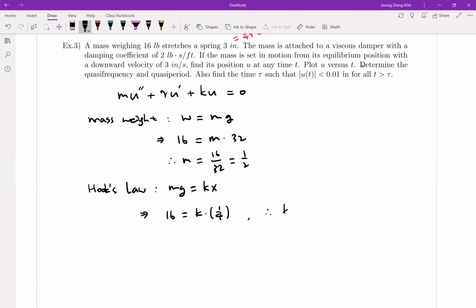So we can find the spring constant k, which is 64. Okay? Now we are ready.